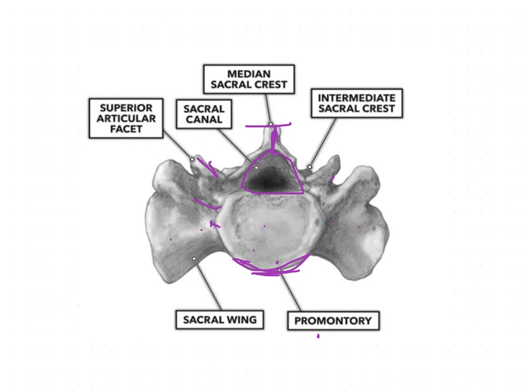The ventral and dorsal parts of the first sacral vertebra give attachment to the lowest fibers of the anterior and posterior longitudinal ligaments respectively.